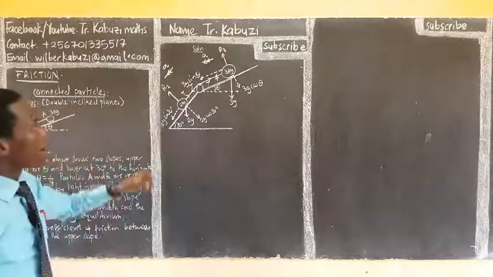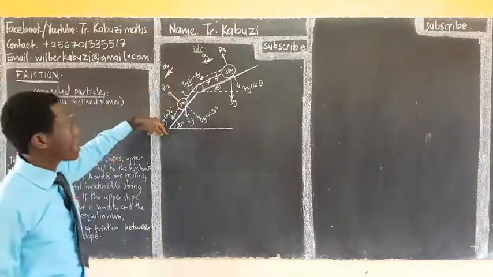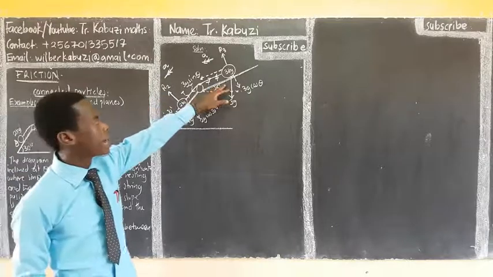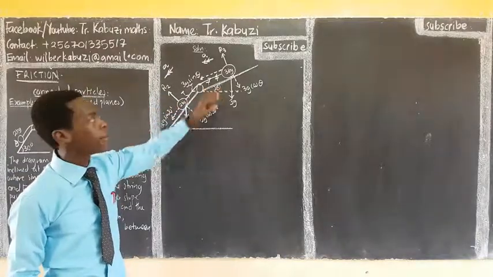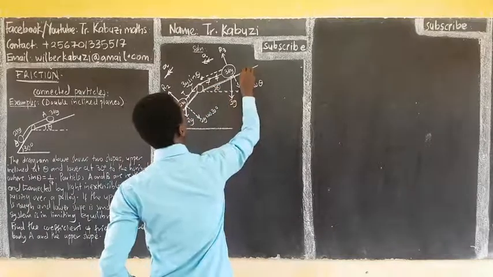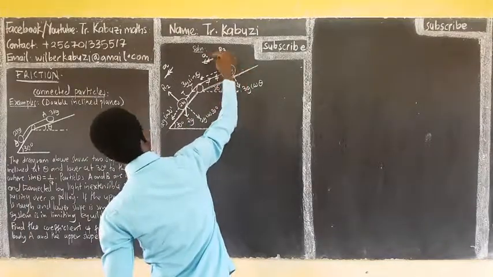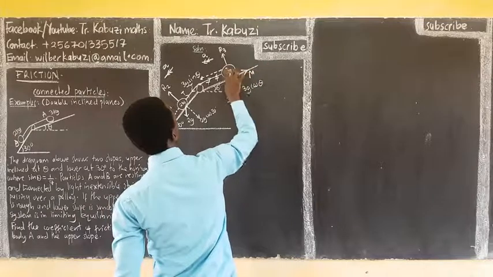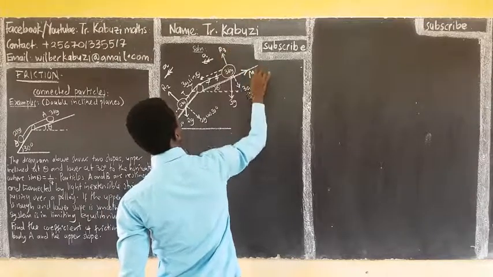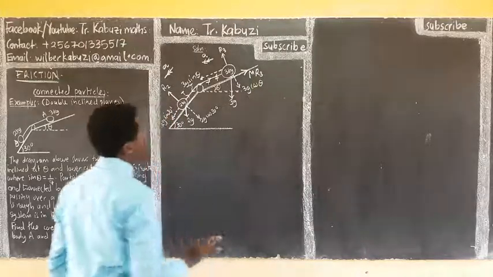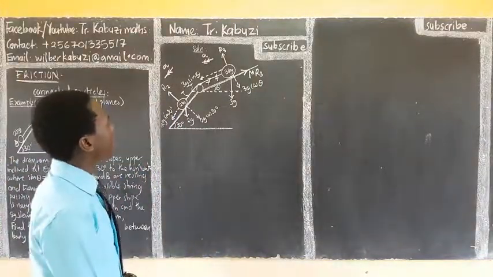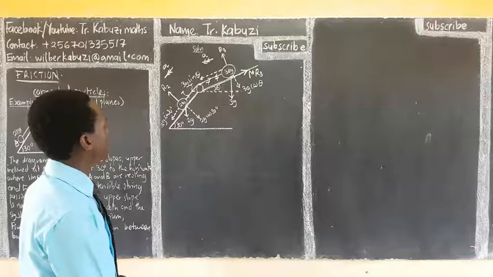But because this surface here is smooth, we don't have any friction. But this one, they said the upper one is rough. So expect friction. Our motion is in this direction, so friction will be opposite. It's going to be mu times the reaction of that body, R3. As simple as that.